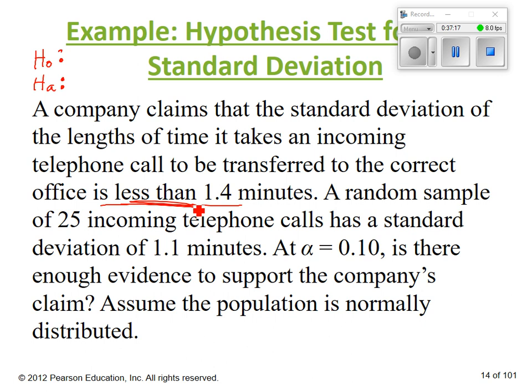And this time we're dealing with standard deviation, so that's going to be just sigma, not sigma squared, less than 1.4. That's our claim. That means our HO, our null hypothesis, is greater than or equal to 1.4.